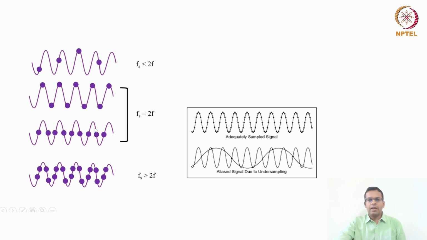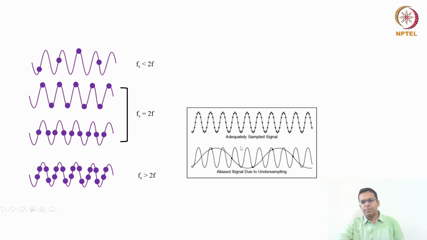And this is an example of oversampling. You can also get the information about this wave by oversampling it. If your sampling frequency is more than 2 times the wave frequency, then it is considered oversampling. So these two conditions, where the sampling frequency is equivalent to 2 times the wave frequency, is the perfect, desired sampling.